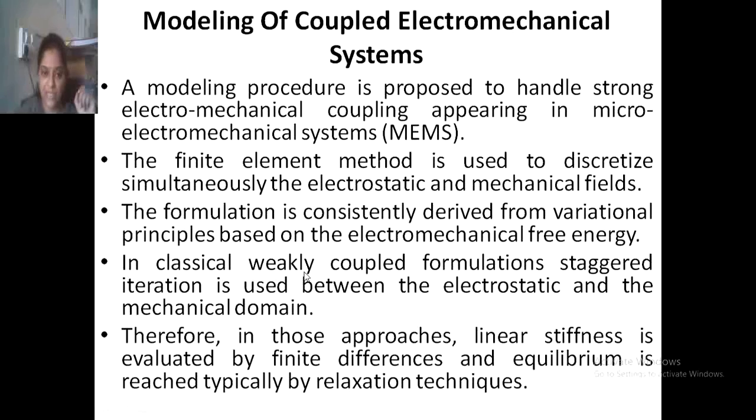In a classical weakly coupled formulation, staggered interaction is used between the electrostatic and the mechanical domain. Therefore, in those approaches, linear stiffness is evaluated by finite differences and equilibrium is reached typically by a relaxation technique.